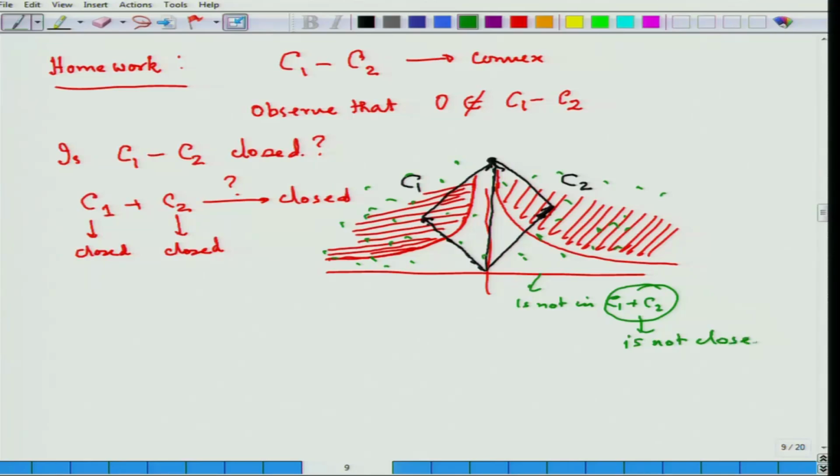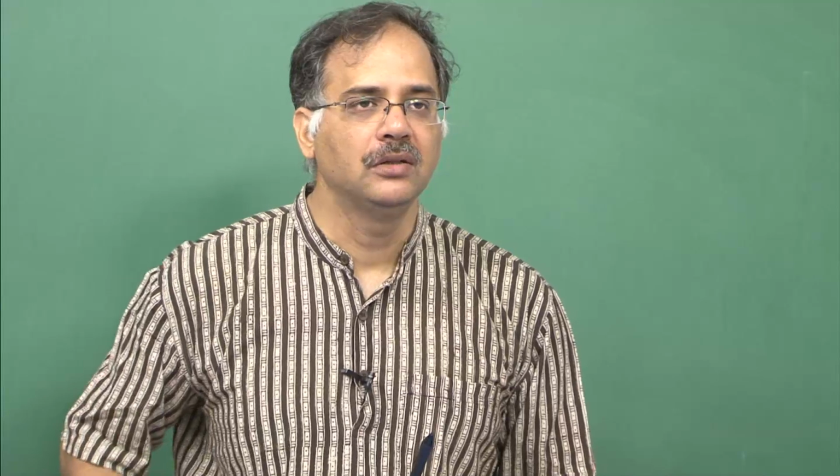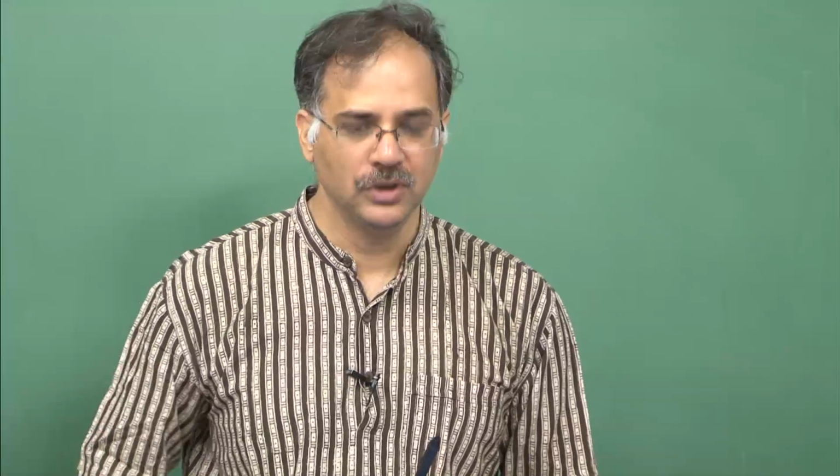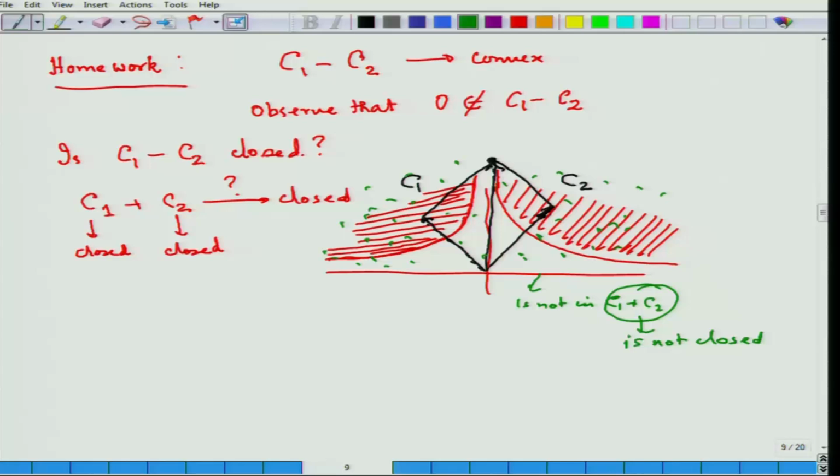But in our case, because we have assumed C1 to be compact, C1 minus C2 is closed, and of course, now you can go ahead and apply the result that you already know. So, that application has to be done as a homework. So, finish this thing as a homework.